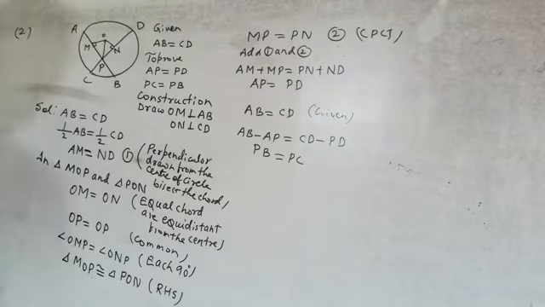If you have any confusion, you can rewind the video and watch it again. Now I am going to solve question number 3, and the figure will be the same.